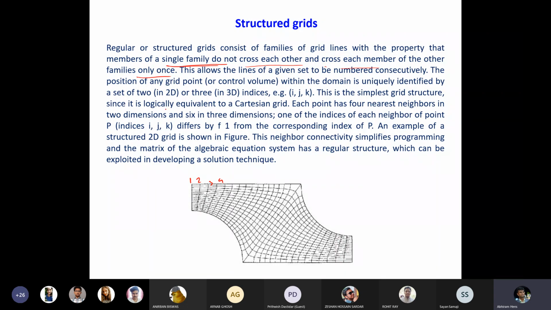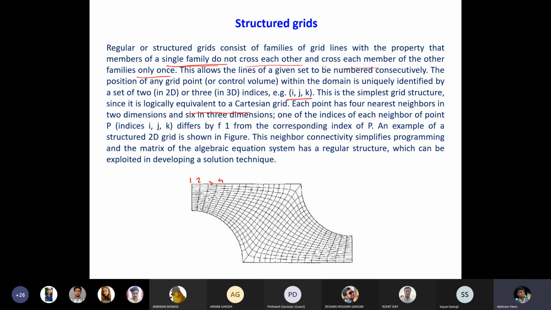So in 2D you can use 2 indices, or in 3D you can use I, J, K, 3 indices, and this is the simplest grid structure since it is logically equivalent to a Cartesian grid. Each point has 4 nearest neighbors in 2 dimensions and 6 in 3 dimensions, and one of the indices of each neighbor of point P differs by a factor of 1 from the corresponding index of P. So we generally give nomenclature like y equal to 1, 2, 3, 4 in that way.